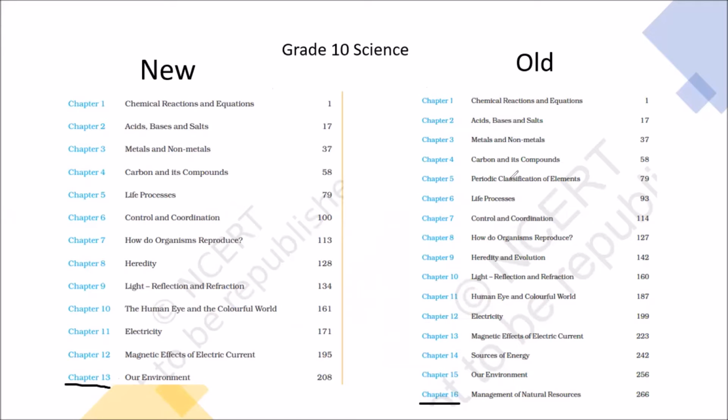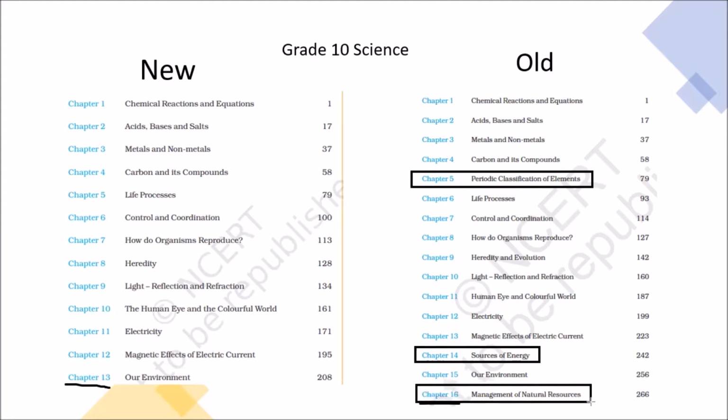If you look at the index carefully, chapter 5, periodic classification of elements, has been removed from the new book. Apart from that, the chapter sources of energy is also removed. I can see the management of natural resources chapter has also been removed. So these 3 chapters have been removed.